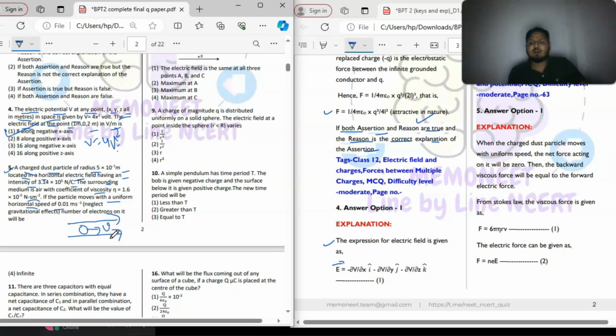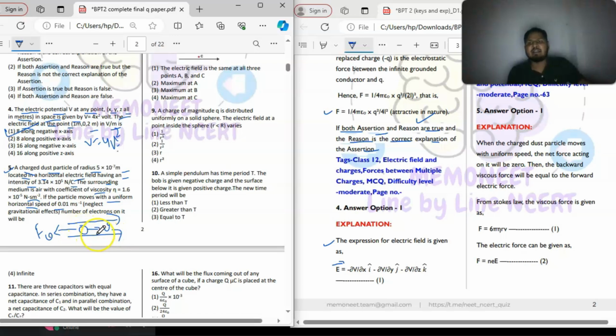So from the Stokes law, when a body moves in a fluid, then what will happen? A viscous force will act, and that viscous force will be opposite to the motion of the body. And we know that in the electric field, the charged body will also experience a force, which is given by F is equal to QE.